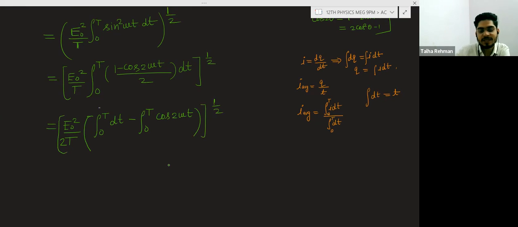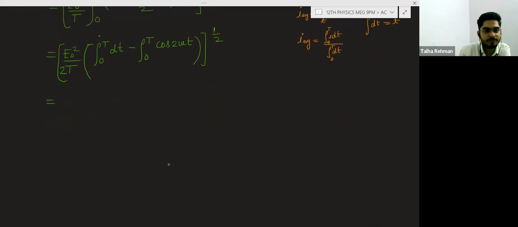This derivation is a bit lengthy, but what we can do, this is E naught square divided by 2T.